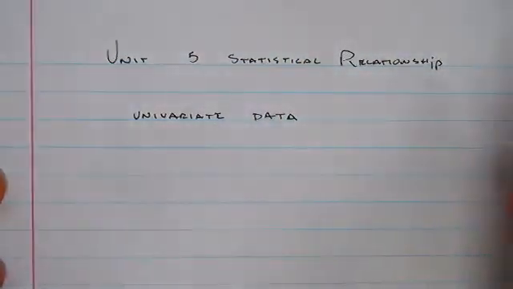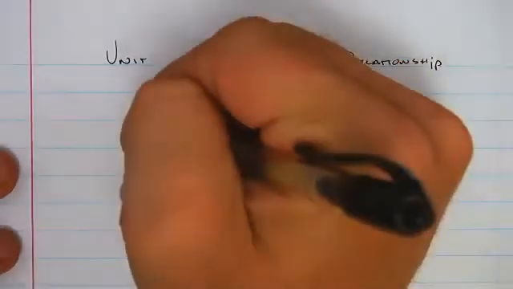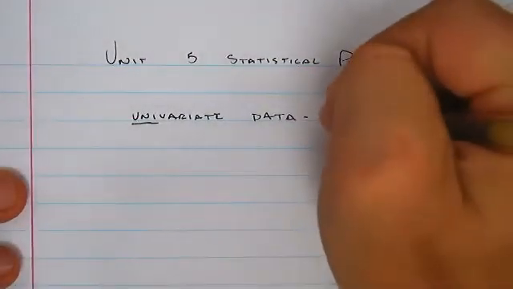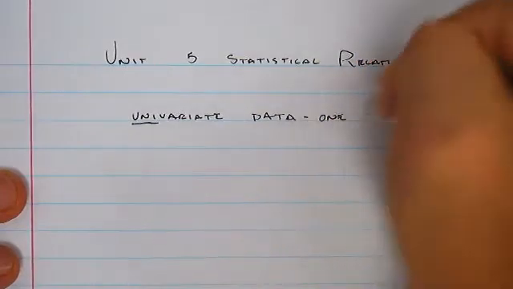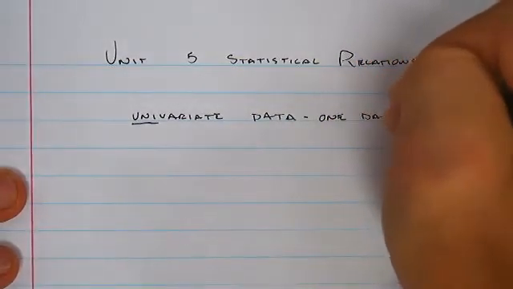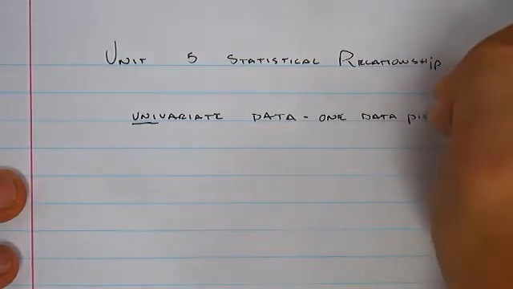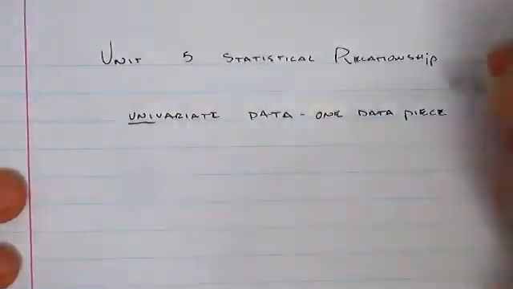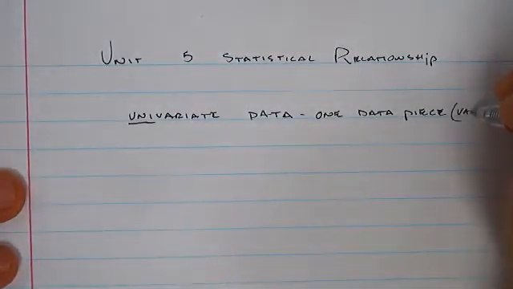So univariate data, you can see it's got a prefix of uni there, meaning one piece of data, which we would also call our variable. There's one variable being collected.